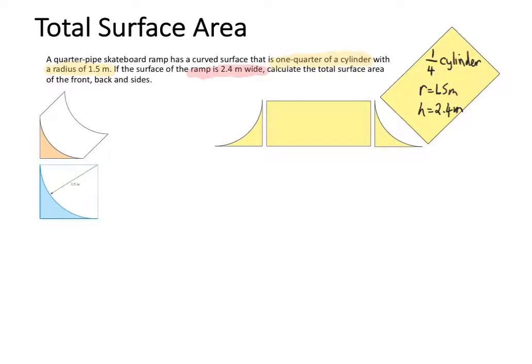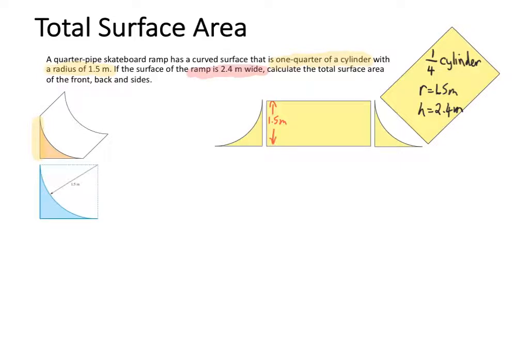Having a look at the back of the skateboard ramp, the height of the skateboard ramp, which is going to be the width of my rectangle, is going to equal the radius of the quarter cylinder, and that is going to be 1.5. So I can add in the width of the back rectangle is 1.5 meters.